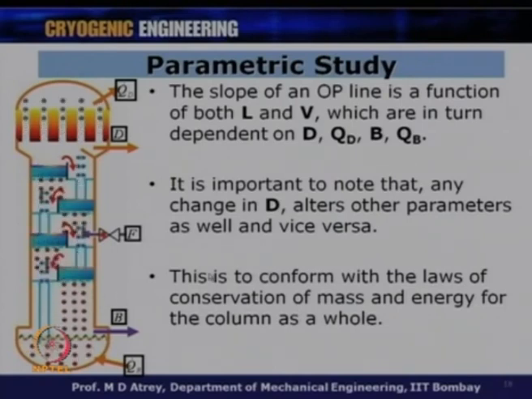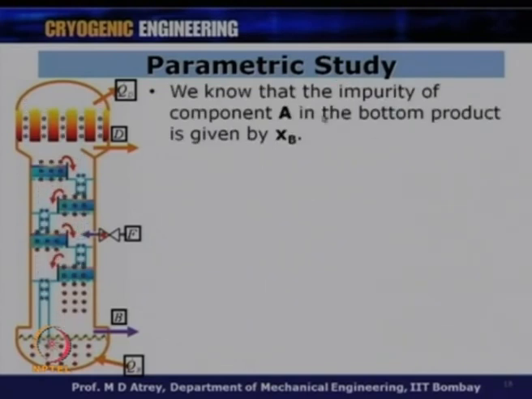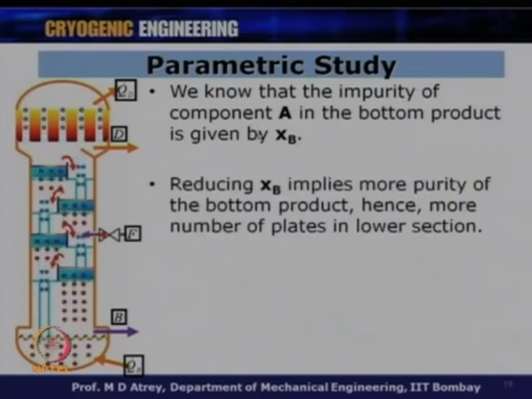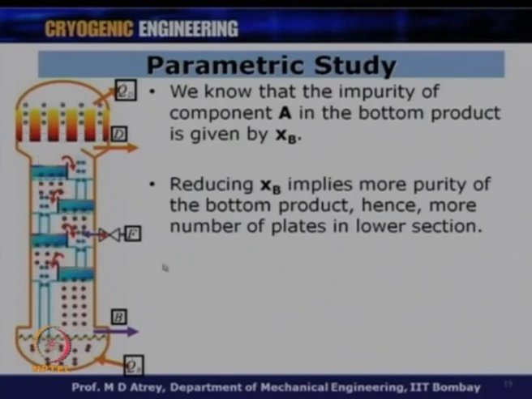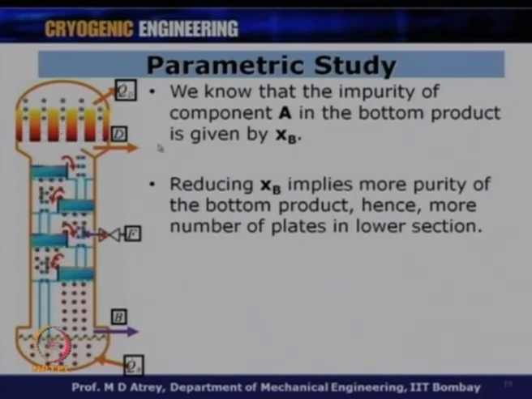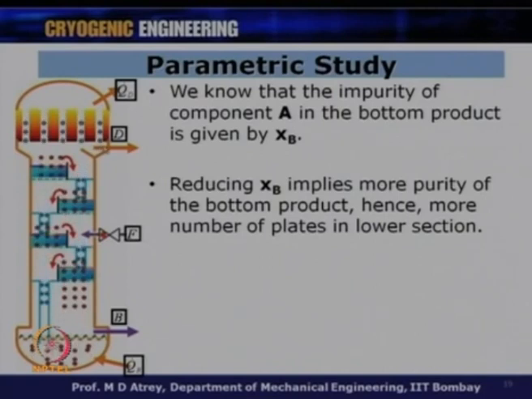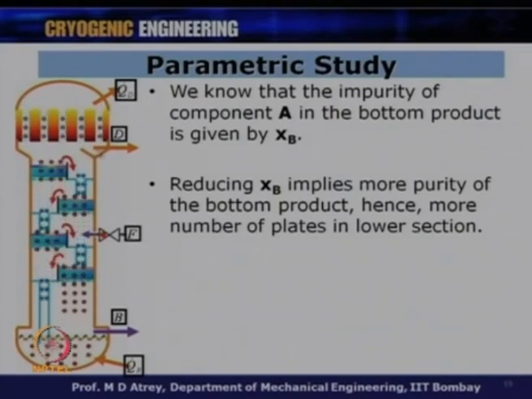So, what we are going to do now is study the effect of different parameters on the theoretical plates of a given column, and therefore I am calling this a parametric study. In addition to all these parameters, the impurity of a column is given by XB at the bottom and XD at the top. If I reduce the value of XB or increase the value of XD, if I have a purity requirement of 97%, 98%, 99%, I will need more plates.